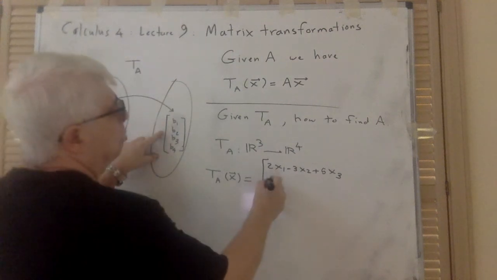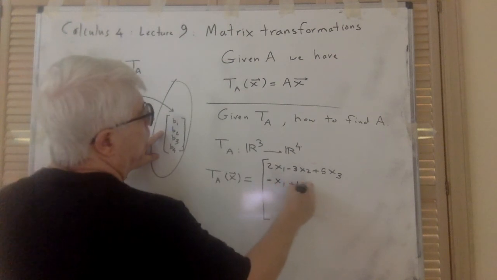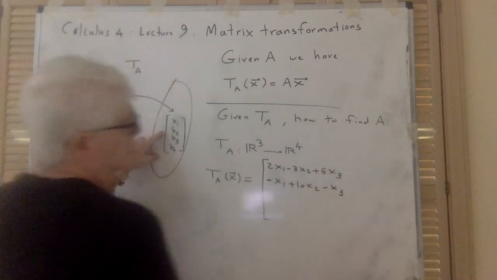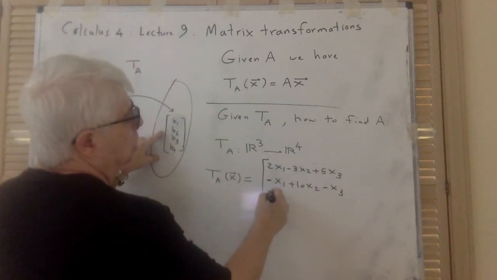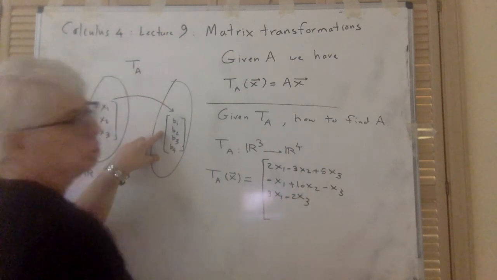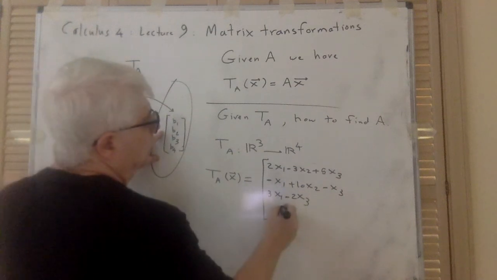Then this can be minus x1, plus 10x2, minus x3, for example. The third row can be, say, 3x1 minus 2x3. There is no x2. The last one might just be, let's say, minus 8x3.